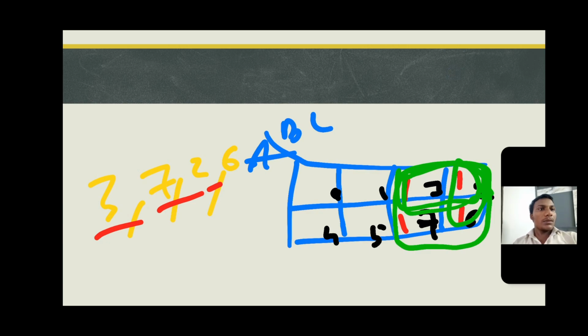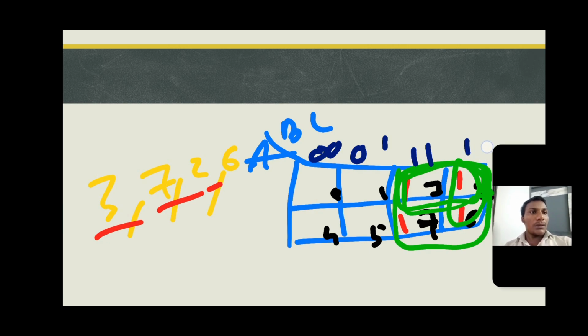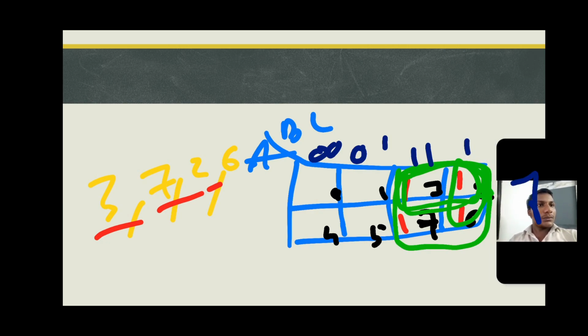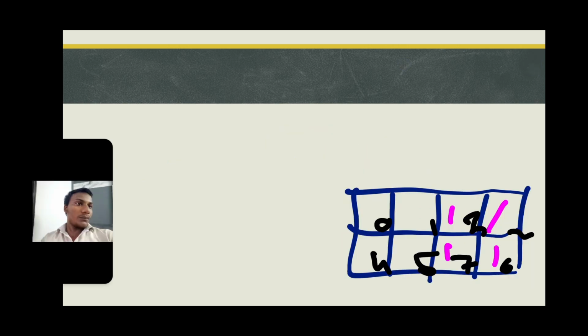Now we have 0, 0, 1, 0, 1. As I said, we can form a quadrant.